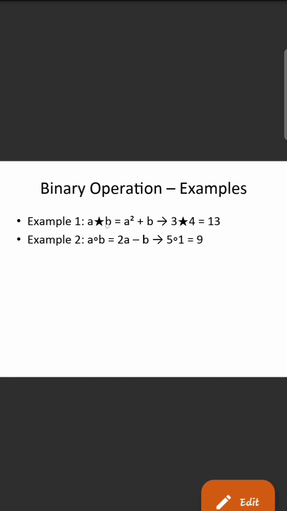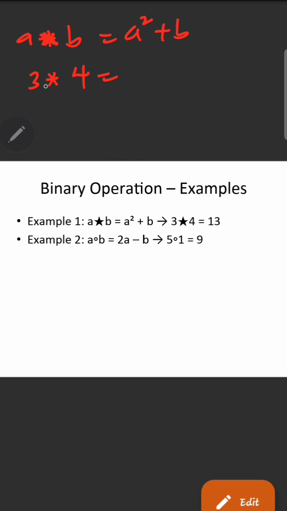A operation B is defined as, the operation is like a star, A operation B is defined as A squared plus B, and we are given 3 operation 4.